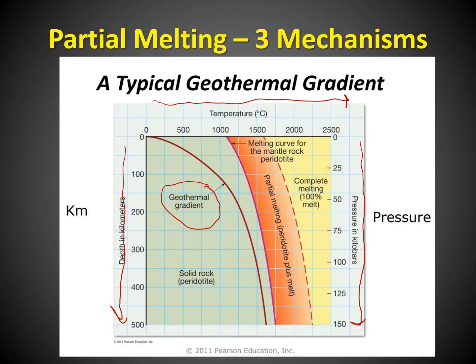And remember, the geothermal gradient is the pressure and temperature as you go down into the Earth. Okay, up here at the surface, it's cold. There's very little pressure. Near 0 in both cases. But as you go deeper, it gets hotter. And you also get more pressure. So it sort of follows that red line.